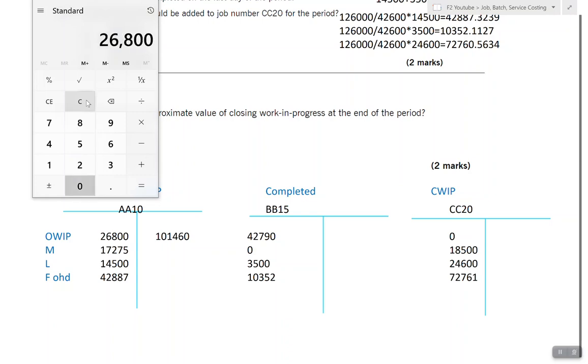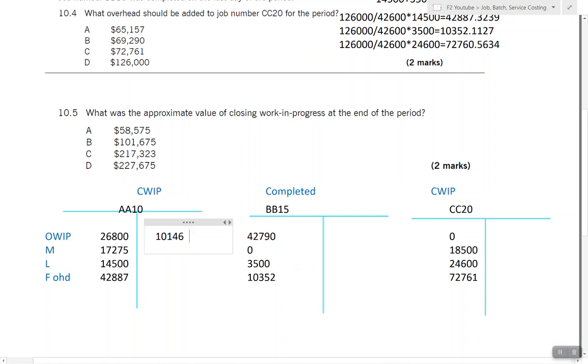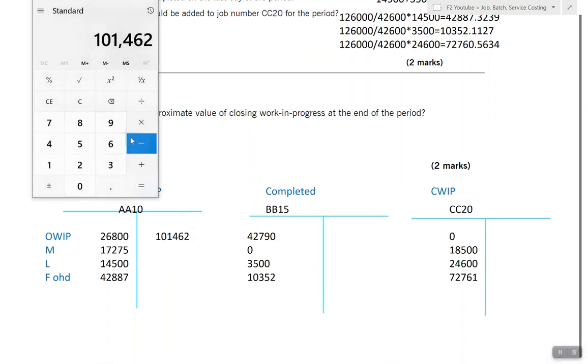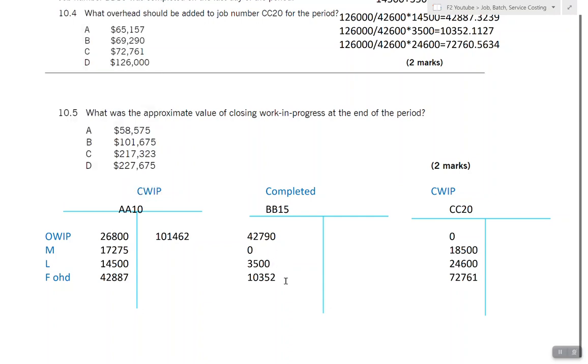Let's double check. 26,800 plus 17,275 plus 14,500 plus 42,887. Yeah, it's 2 less. Next we have 42,790 plus 3,500 plus 10352. 56,642.